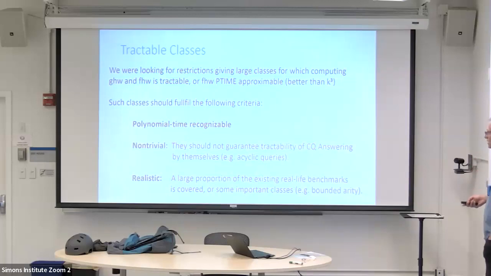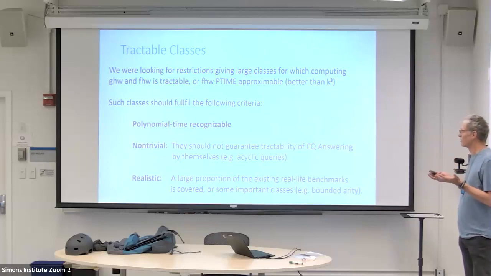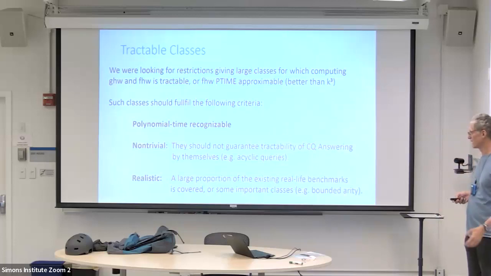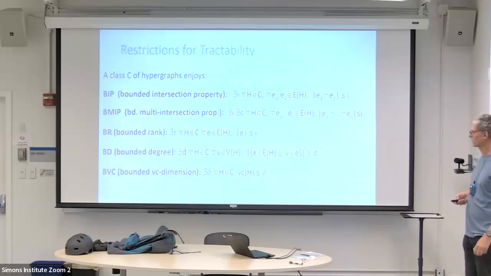Okay, yeah, so we want to define reasonable, non-trivial classes of hypergraphs that allow for polynomial time recognizability of generalized hypertree widths and fractional hypertree widths. Yeah? And the restriction that we considered was the bounded intersection property.